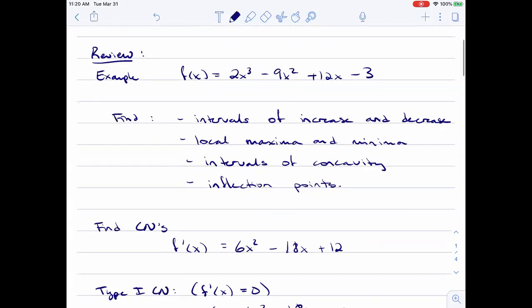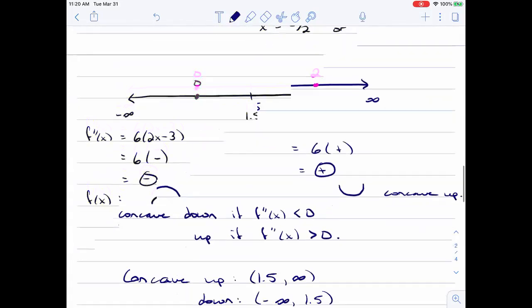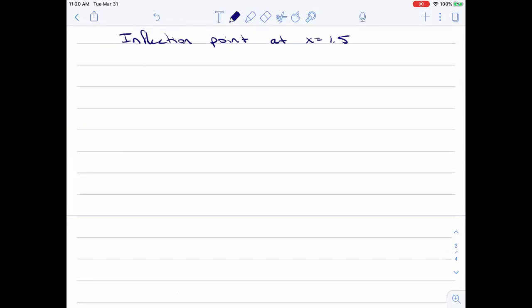We can sketch this all out just to get an idea of what this thing looks like. We can put all these things together, and so we can sketch f of x equals 2x to the 3 minus 9x squared minus 12x, minus 3.